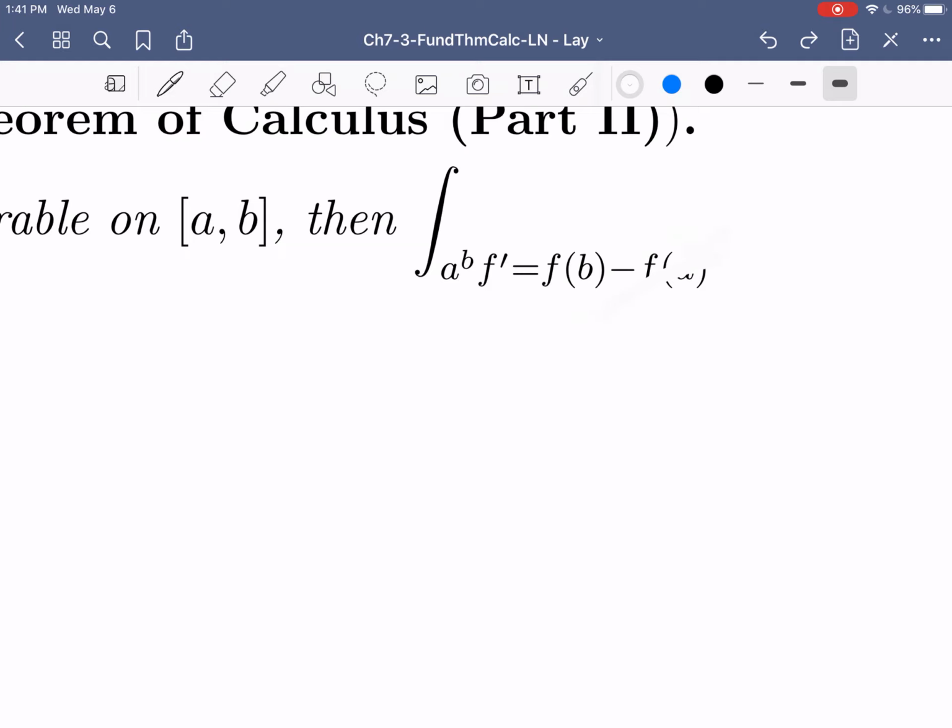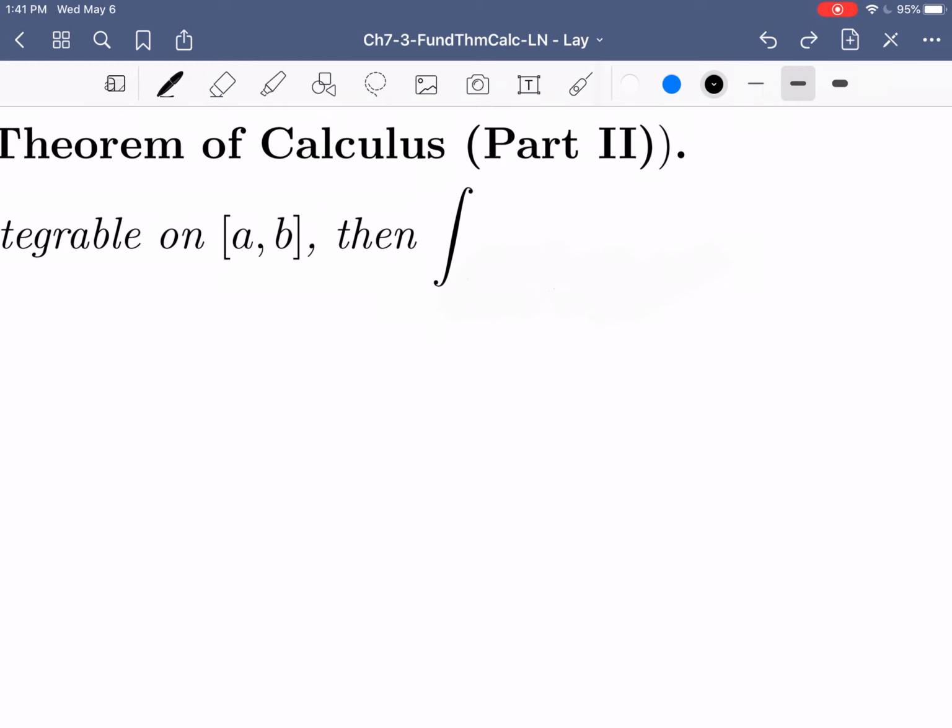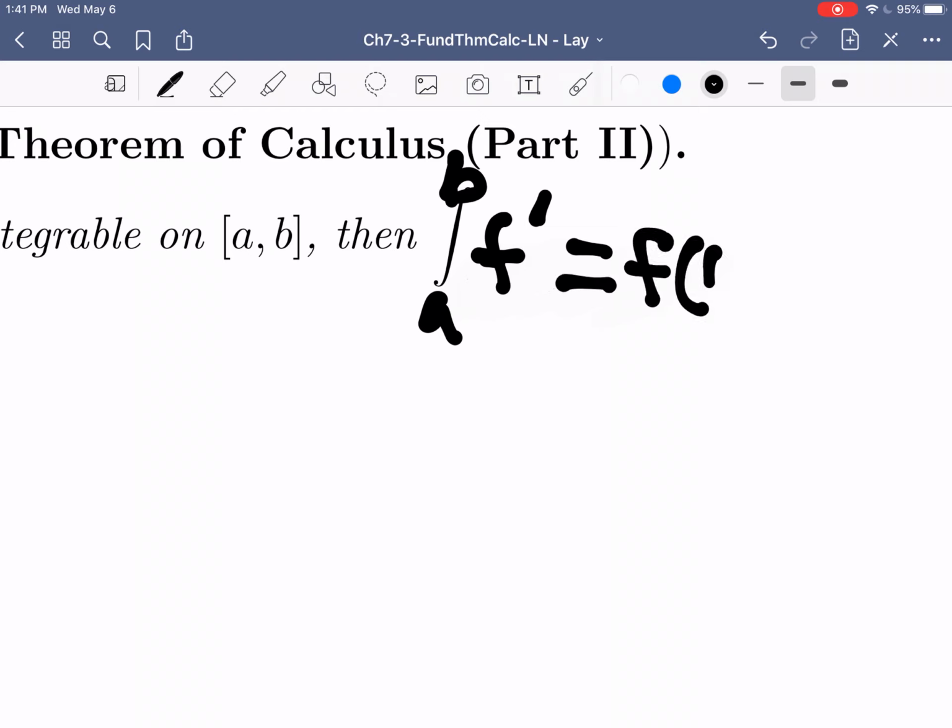the integral from a to b of f prime is equal to f of b minus f of a, right?